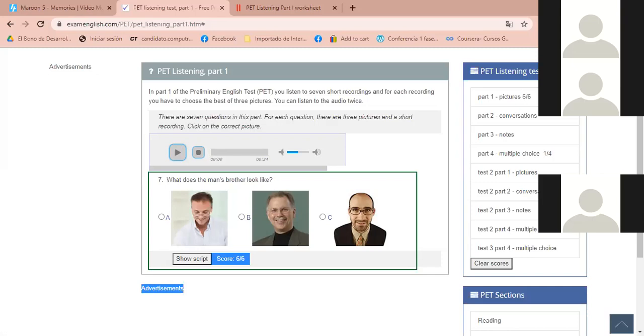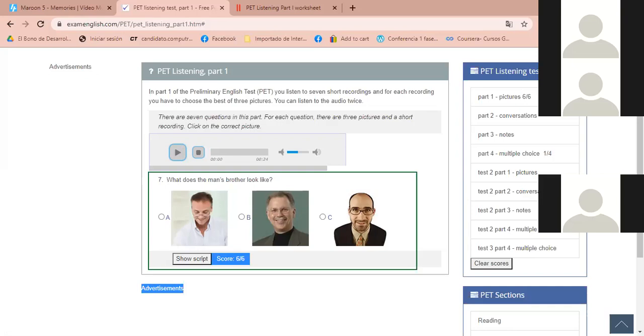I heard that the brother doesn't have a mustache, bigote. Now, for me, the person on the letter B and letter C have a mustache. O sea, I see this. Exactly. These features, right?